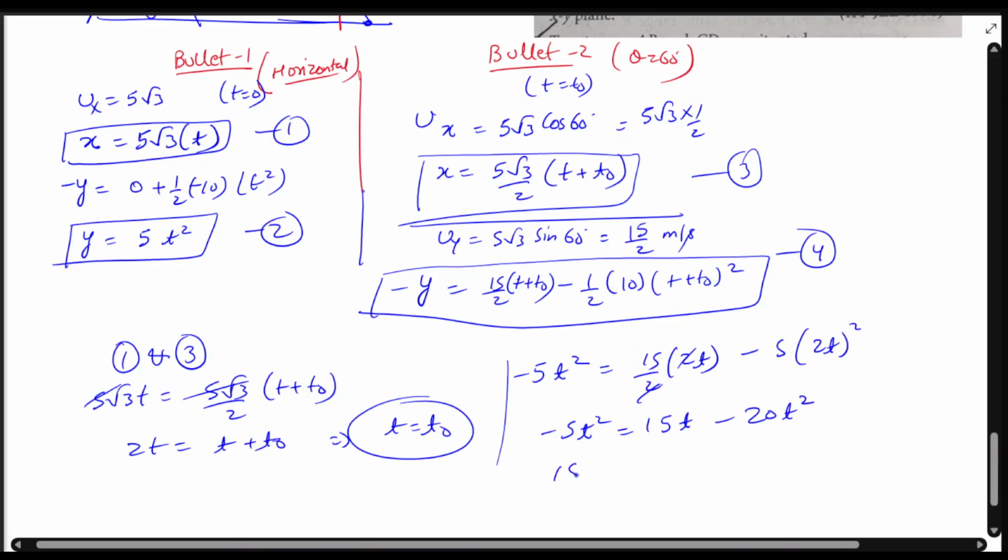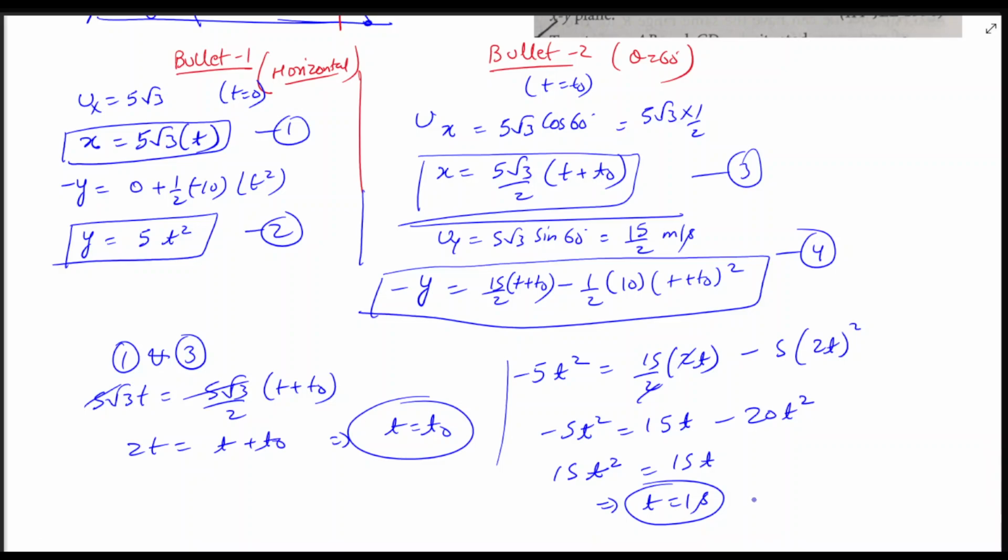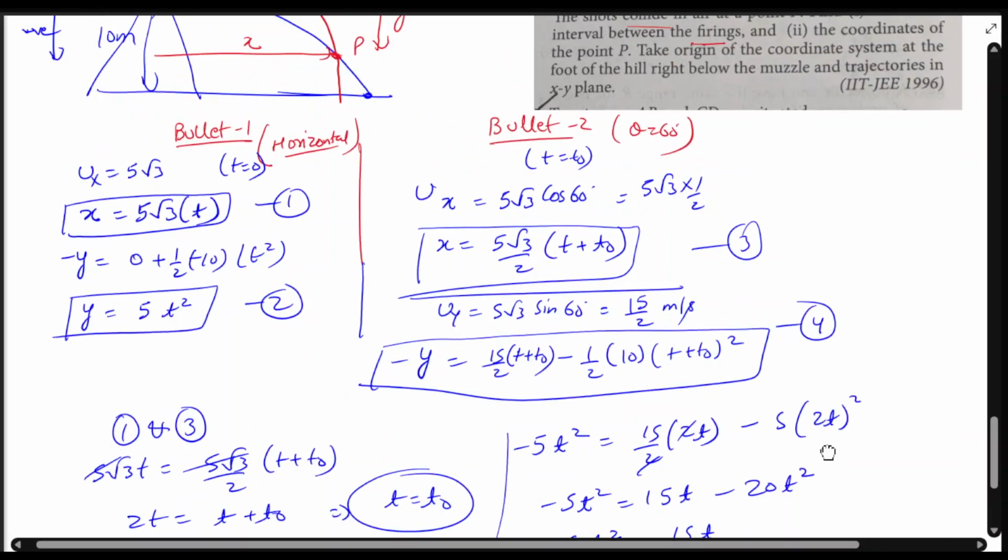So it will come here. So 15t square, right? 20t minus 5 will be equal to 15t. So we will have simply t as 1 second again. Yeah, what a coincidence, we are getting t equal to 1 in each and every question, right? Okay, perfect.